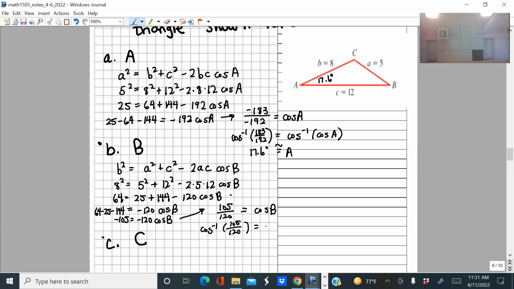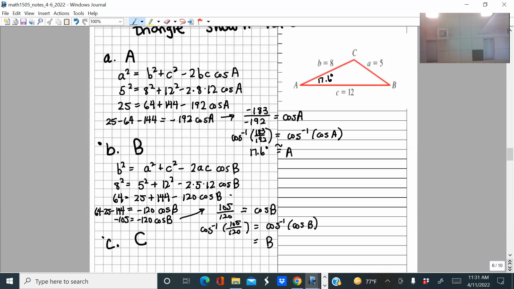And since 105 over 120 is not going to be a special angle cosine, we're definitely going to have to use our calculator to help us figure out what B actually is. The inverse cosine of 105 over 120. That also is going to be a small angle, isn't it?